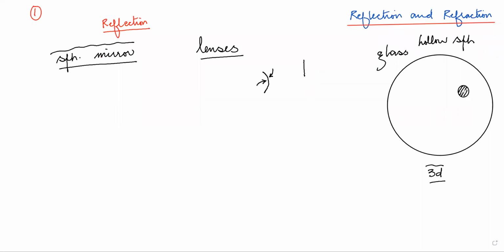But it has both the surfaces, reflecting, means this surface which we can see from outside, and this internal surface which we are not able to see. But when we take it out, we are able to see both the surfaces. Let's say we polish one surface, right? Then it becomes a spherical mirror.